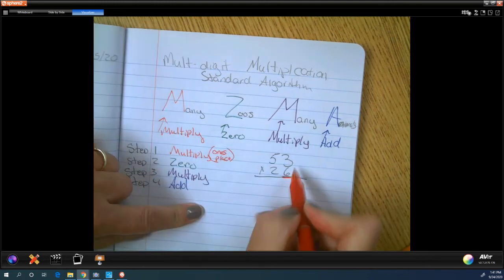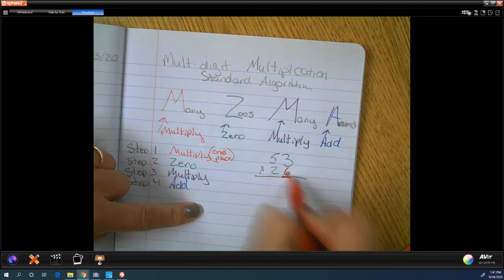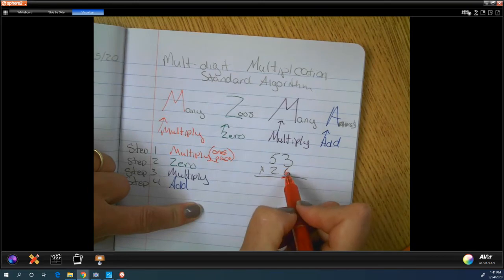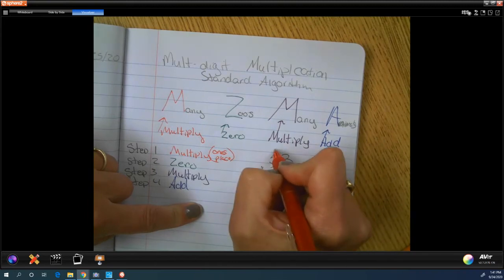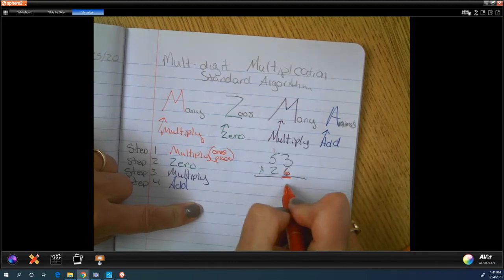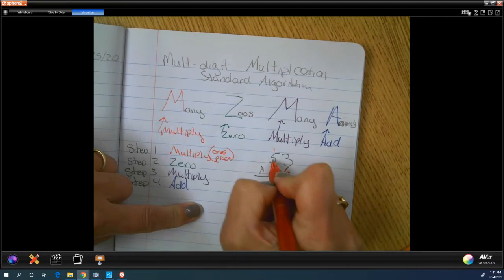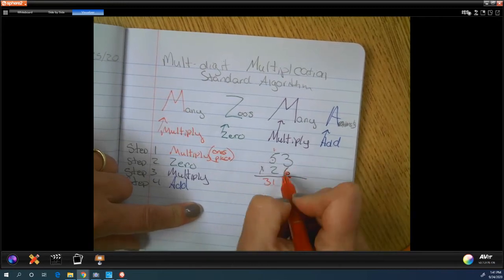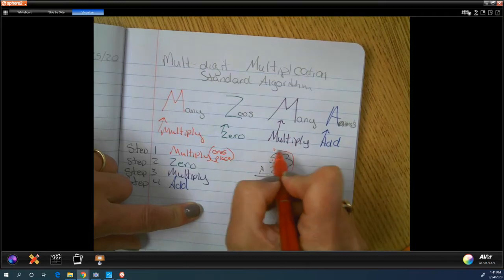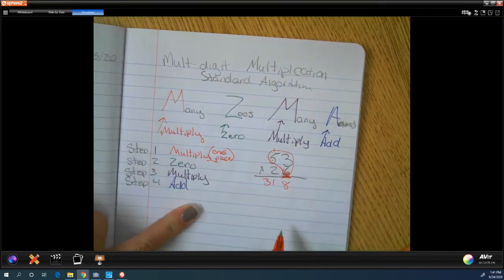The 6 is in the ones place. So I'm doing 6 times 3, which is 6, 12, 18. And then 6 times 5, which is 30, plus 1 more, gives me 31. That's my multiply.